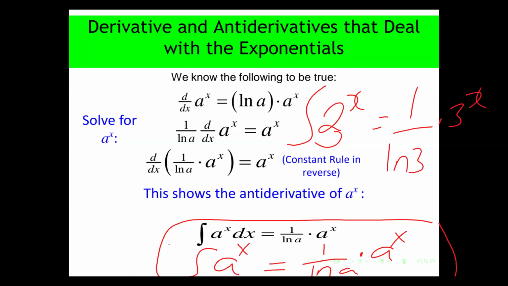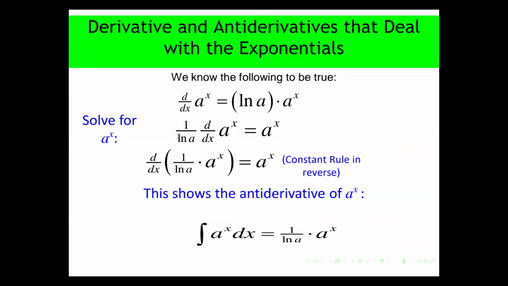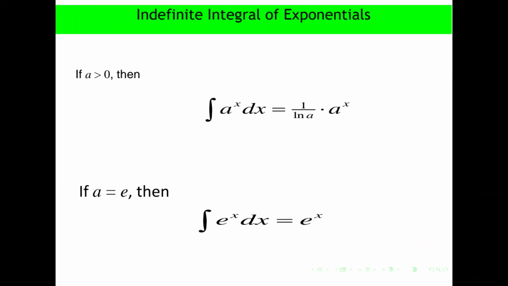Remember these rules. So in short, antiderivatives of exponential functions and of logarithmic functions, you need to go through them and get to find. I need to go through this.